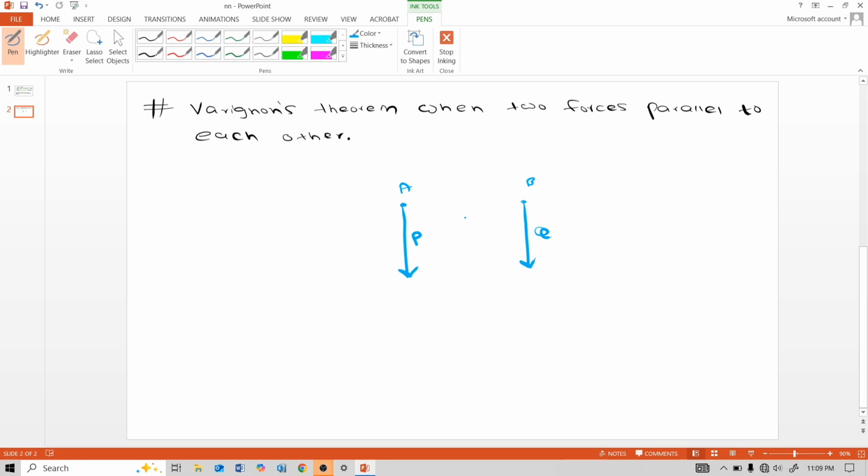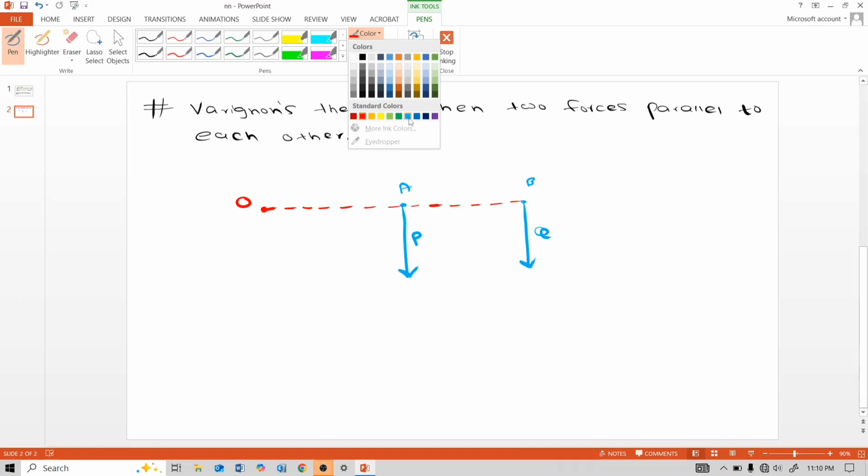This AB is in one plane only, and let us draw a perpendicular line to forces P and Q and assume this as point O. Point O is also in the same plane where points A and B are. These P and Q are coplanar and parallel forces, and you know that the resultant of these forces will be like this.